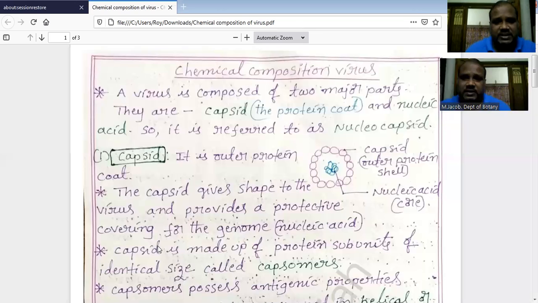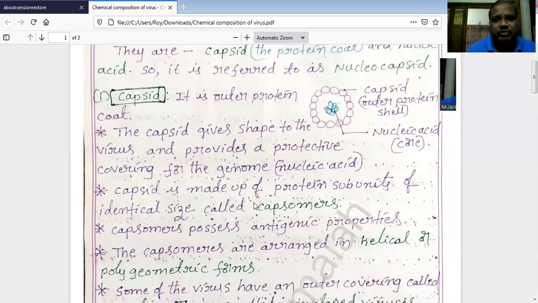The capsid is made up of protein subunits of identical size. They are called capsomeres. This is the capsid, and it is made up of protein subunits of identical size.